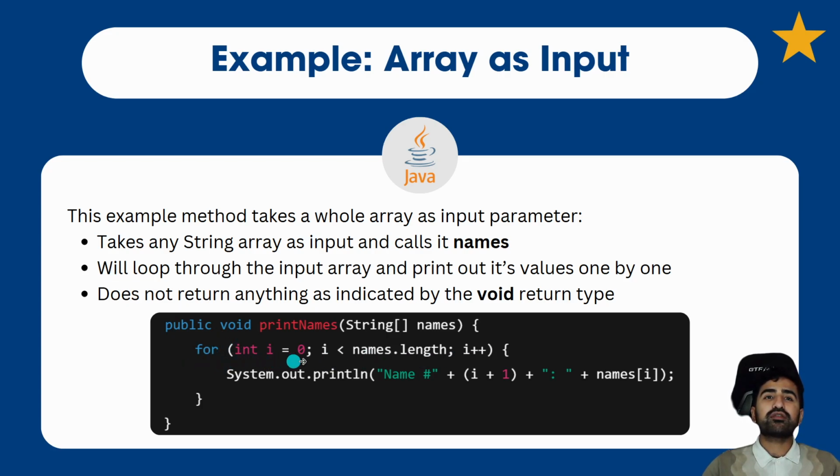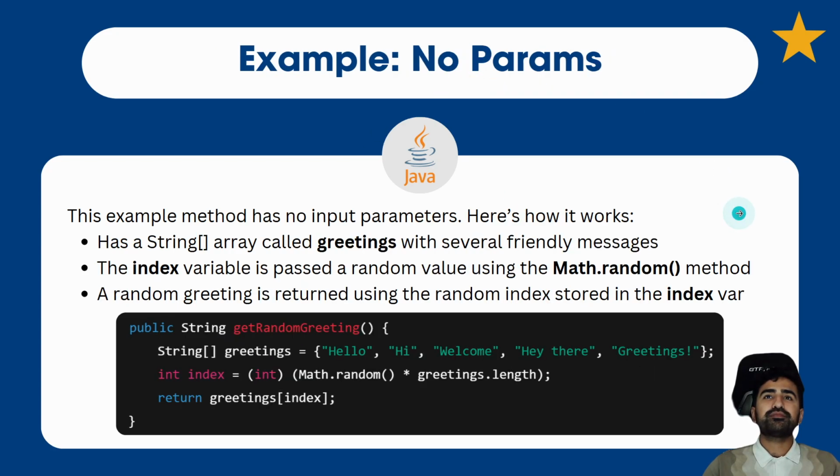We have our classic array for loop to iterate through the array. It's going to print out the values one by one. It's going to personalize the message, right? Name number one, and then it'll actually give the value here using the index, right? Using the counter as the index. This doesn't return anything, so we make it void, right? All this does is print out messages. We don't actually need to hold on to any of those values. So yeah, that's array as input.